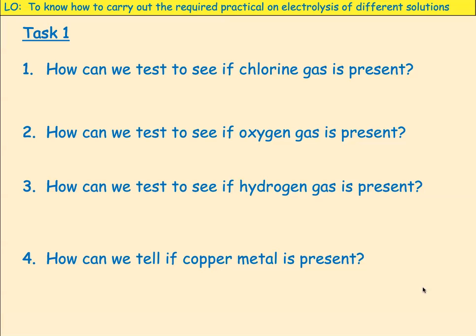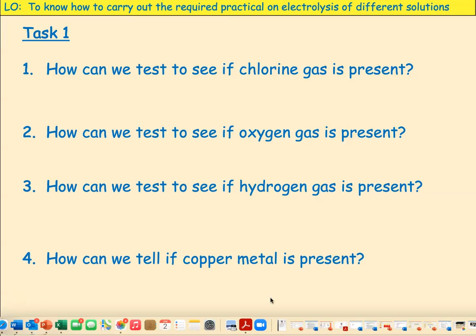And how would we be able to tell if we had got a metal that it was copper? So what I want you to do is pause the video now and come back, write down what you remember as the tests. If you don't remember, leave it blank, and then you need to learn the tests for various gases. So pause the video now.